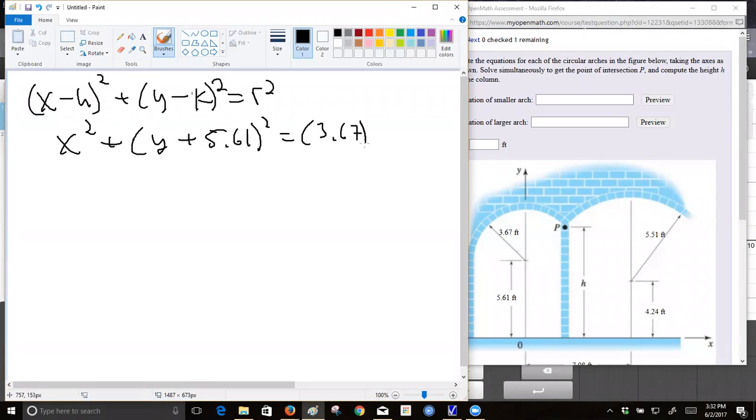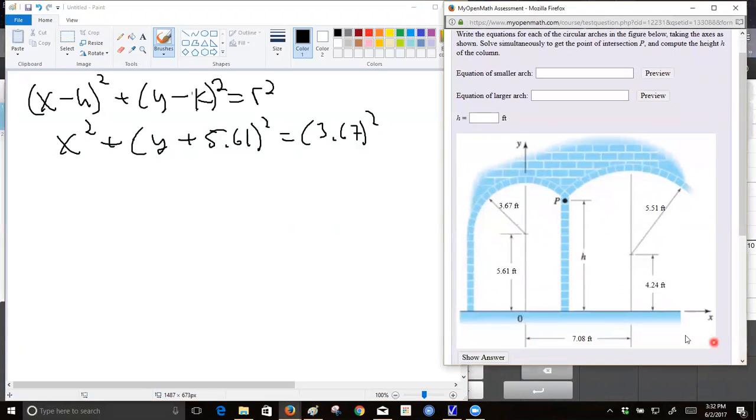3.67. Then to get the other circle, what I've got to notice is that it's been shifted to the right. It looks like 7.08. So that's the x coordinate, and it's been shifted up 4.24 feet. So that's the y coordinate of the center.